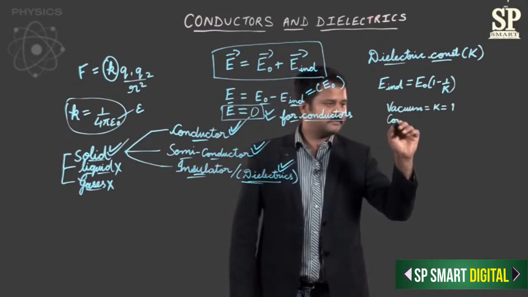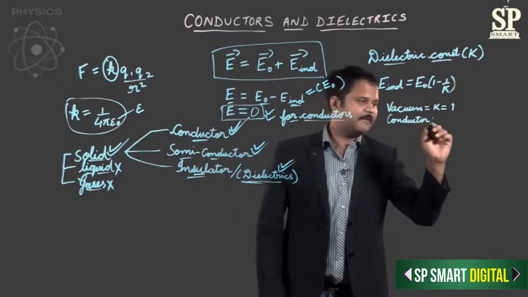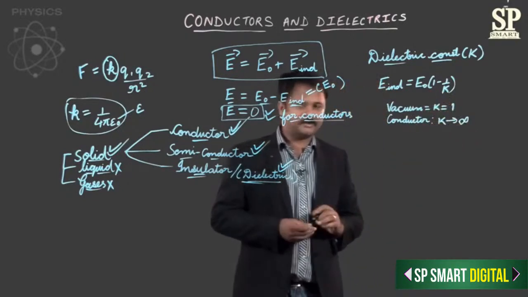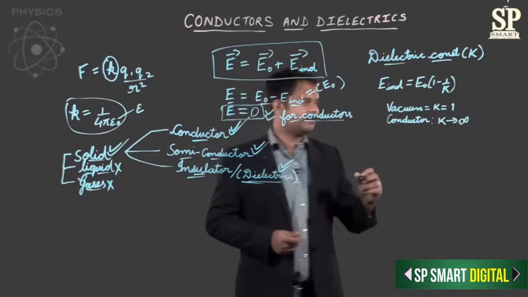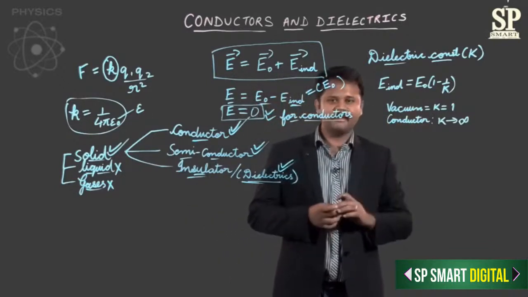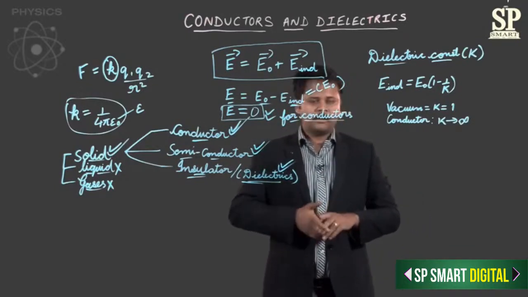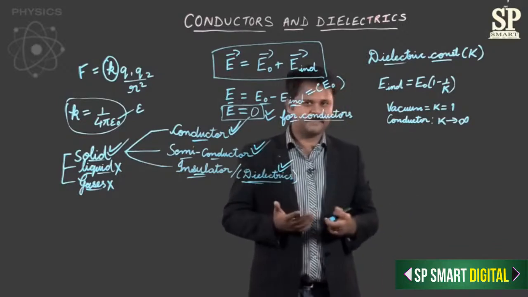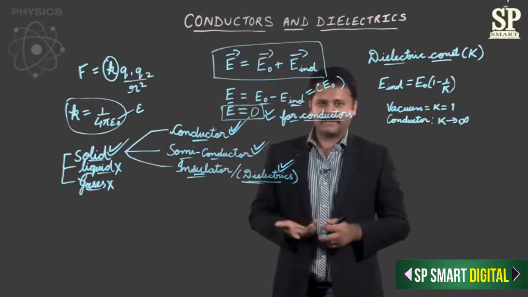For a conductor, we have K tending to infinity. It has a very large dielectric constant, and then the induced electric field becomes equal to E naught itself, making the resultant electric field 0. Now, you notice that neither a vacuum, which is the absence of any material, nor a conductor is a dielectric itself.